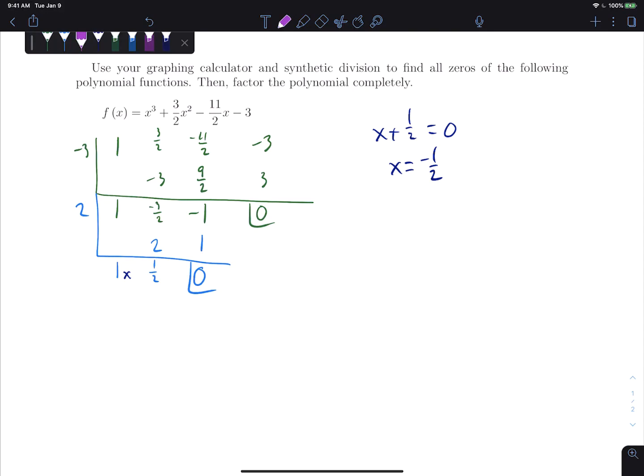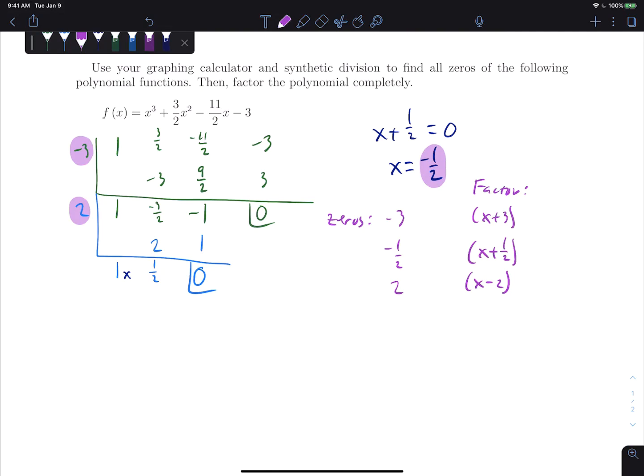Awesome. So our zeros are -3, 2, and -1 half. Those are our 3 zeros. So -3, -1 half, and 2. And the factors that go along with them will be x plus 3, x plus 1 half, and x minus 2.